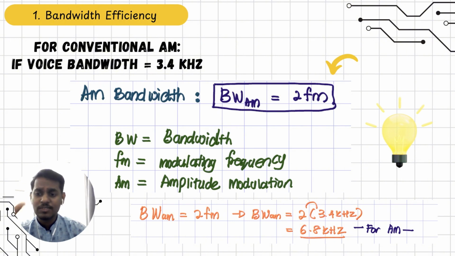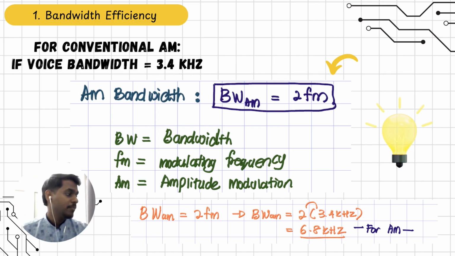We will go deeper into this formula. BW is bandwidth and FM is the modulating frequency. The reason why we multiply 3.4 by 2 is because the conventional AM signal transmits two sidebands, so we get 6.8.